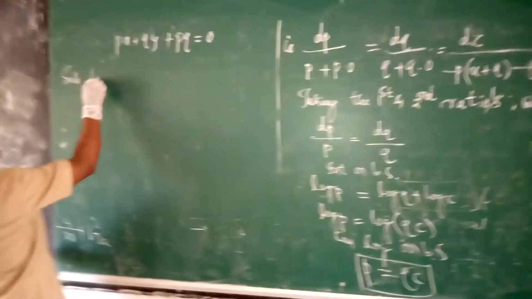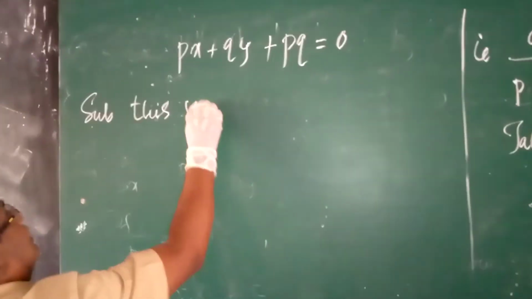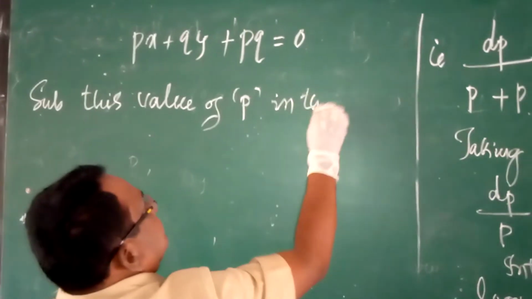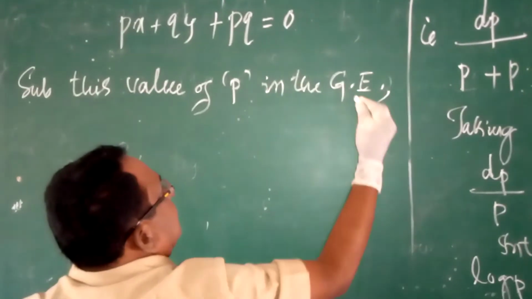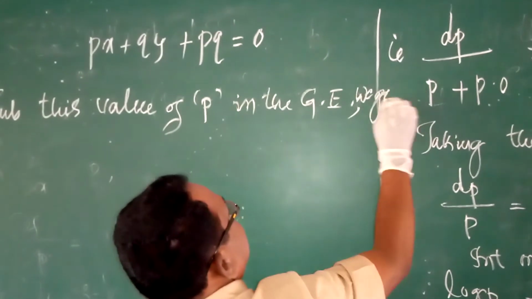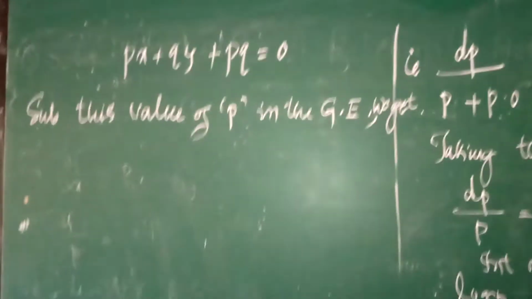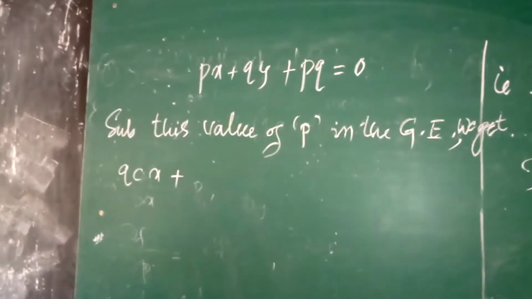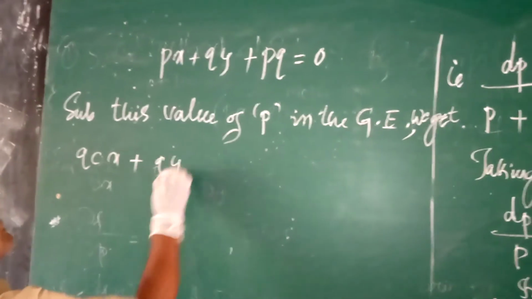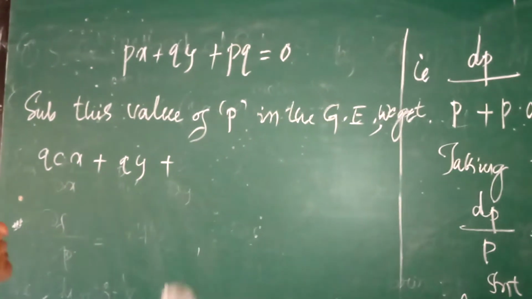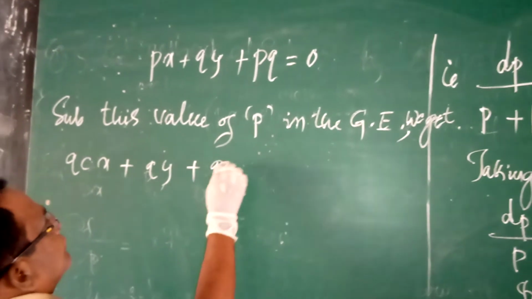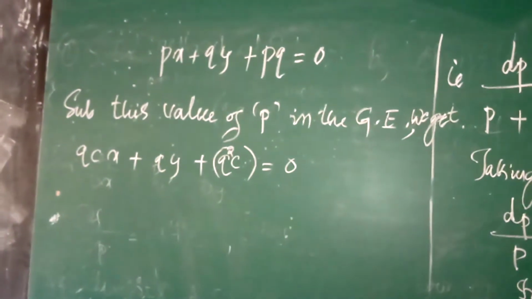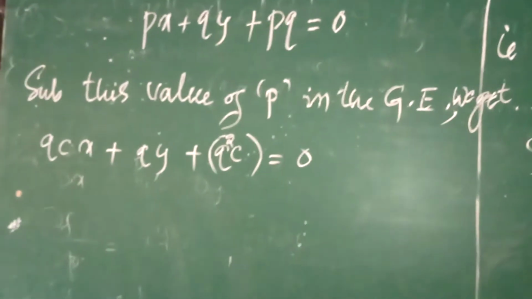Substituting this value of P in the given equation, we get P into X, where P is QC, so QC into X plus Q into Y, write it as it is, plus P into Q, where P is QC, so QC into Q, which is Q squared C, is equal to 0.